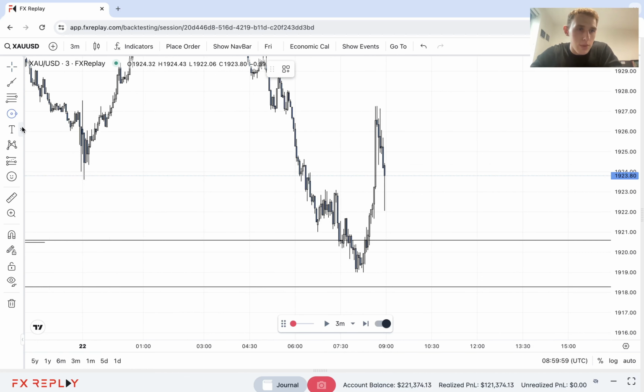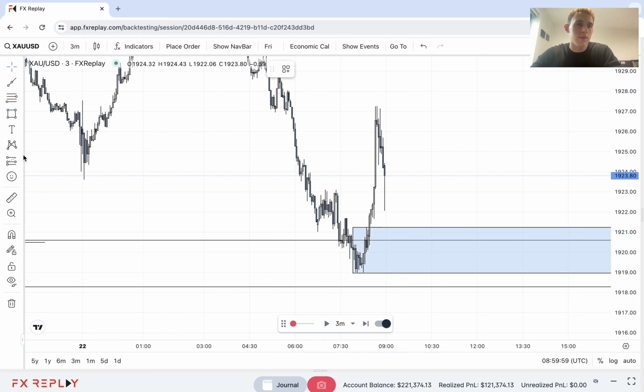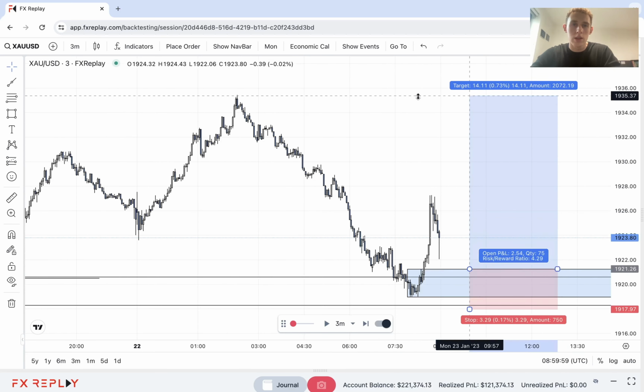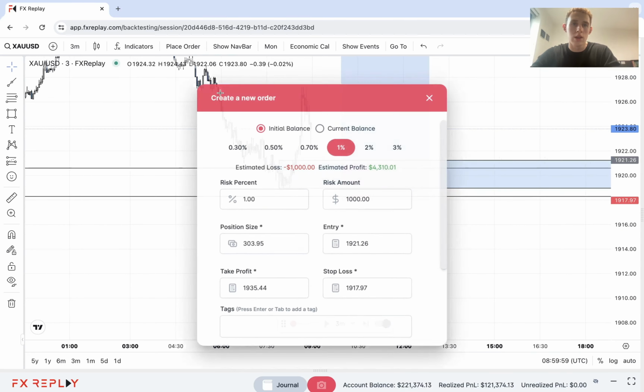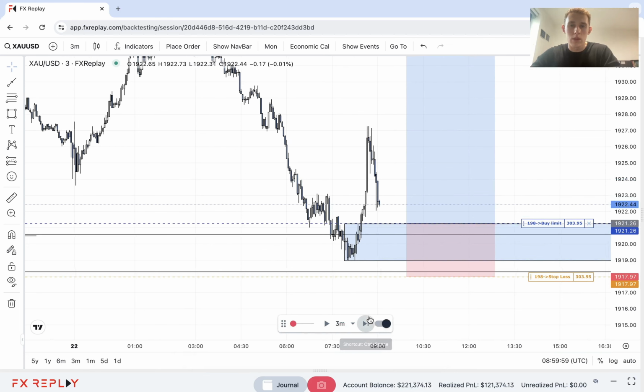We sort of have this 3 minute demand. This is a riskier setup, but still valid, so I would go from this. Target the high, see what happens there.